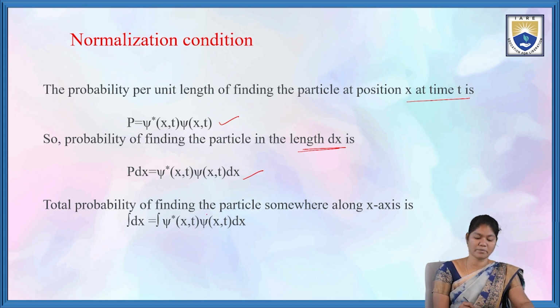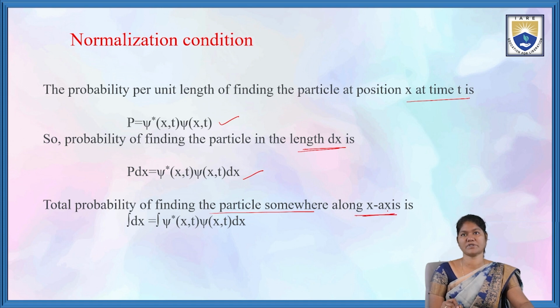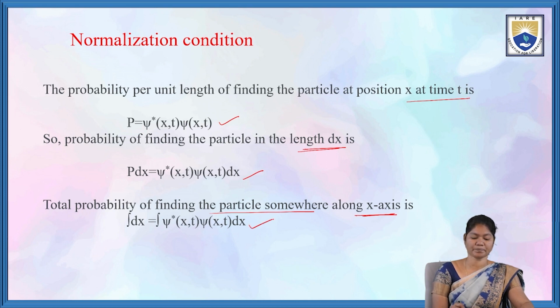So the total probability of finding the particle somewhere along the x-axis is the integral of ψ*(x, t) ψ(x, t) dx.